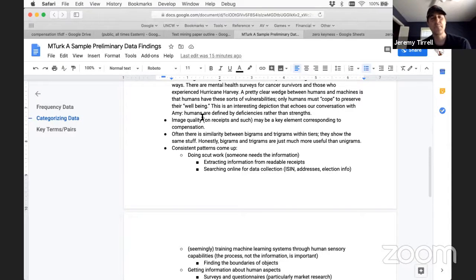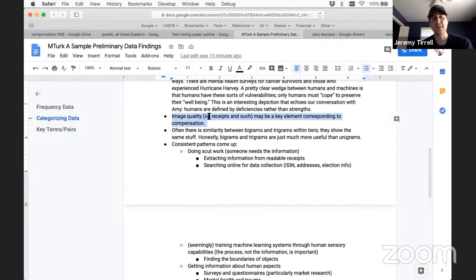But anyway, other things that were popping out, and we talked about this last time, image quality may be a useful thing to look at in terms of compensation, because there are a lot of hits in here about readability, particularly receipt readability.